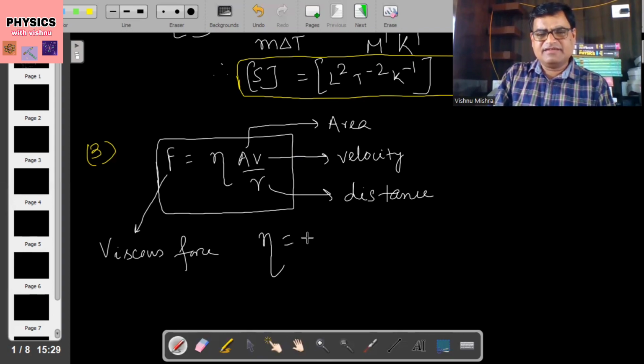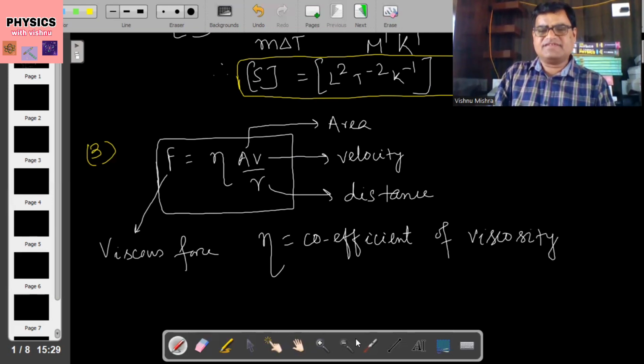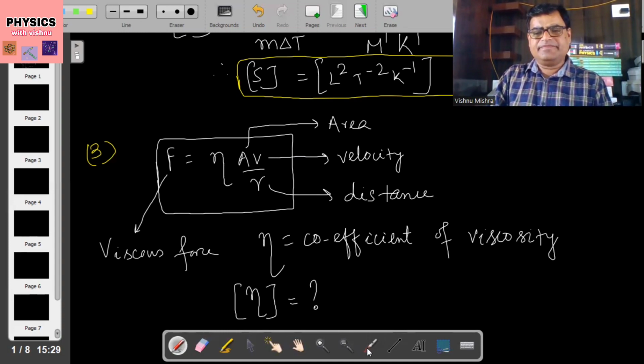Eta is known as coefficient of viscosity. It's a constant that depends on the liquid. So my question is, you have to find out the dimension of coefficient of viscosity.